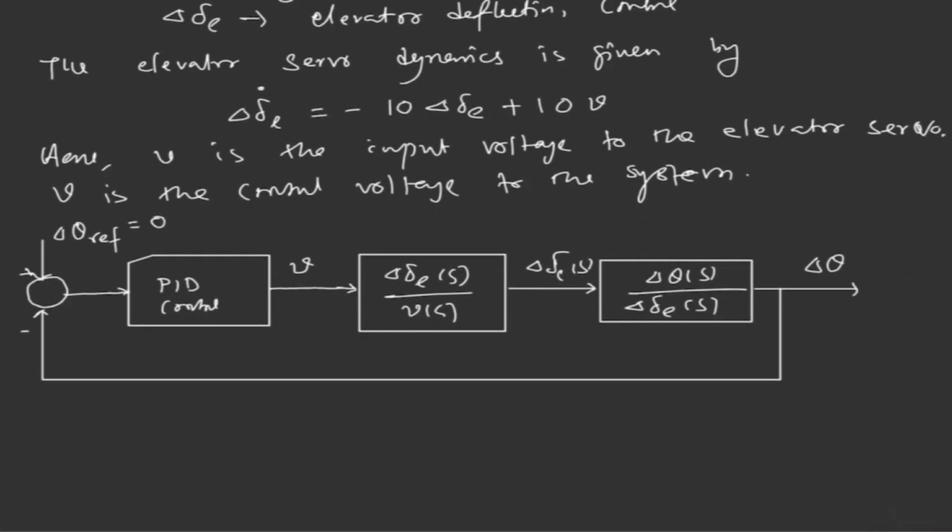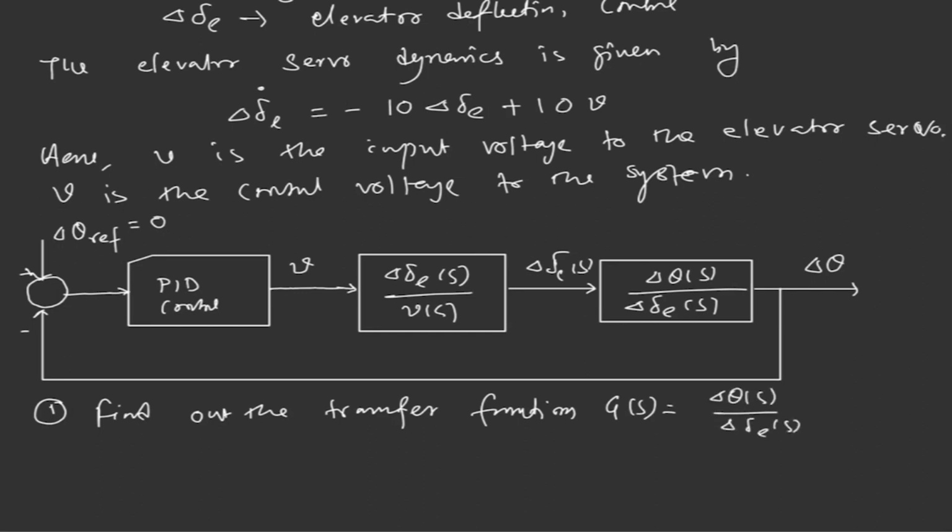And the questions from this problem: the first question is, find out the transfer functions G of s equal to delta theta of s over delta E of s, which is basically the plant transfer function, and also you have to find H of s, which is delta E of s over V of s.